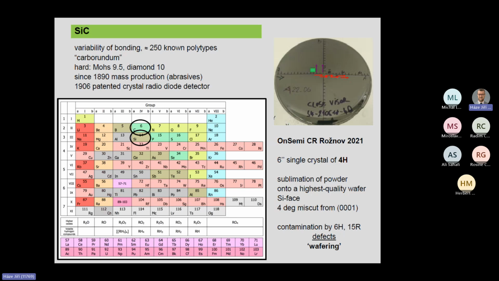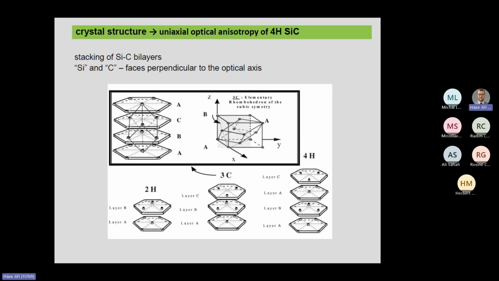The typical wafer has a miscut from the basic crystal orientation of 0.001, which is 4 degrees, and this leads me to the uniaxial anisotropy of hexagonal silicon carbides.